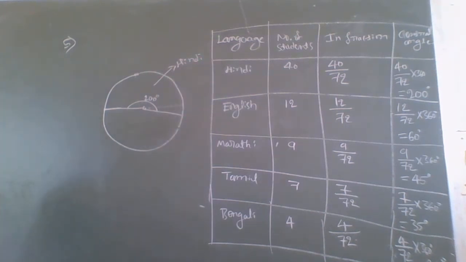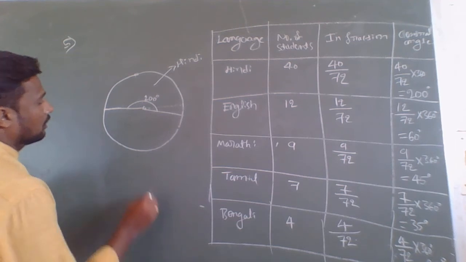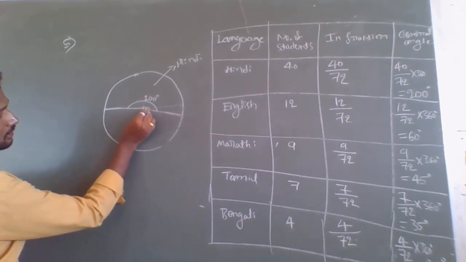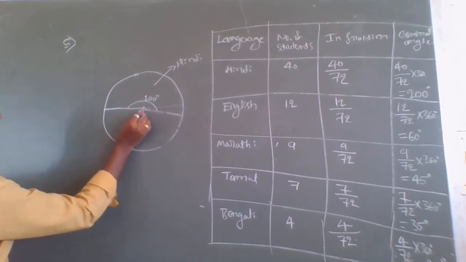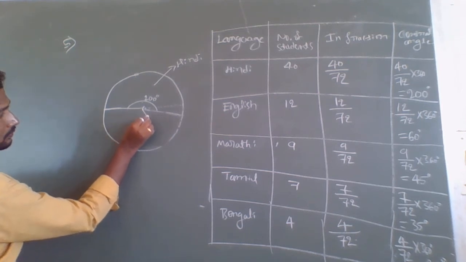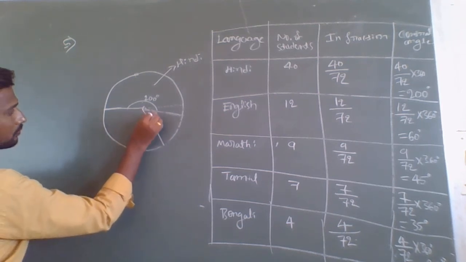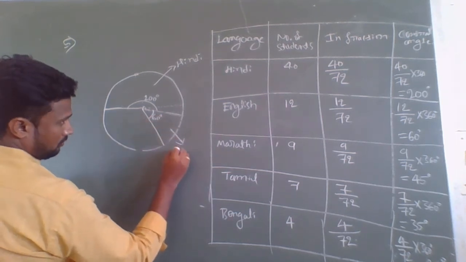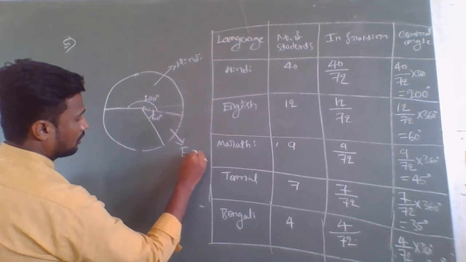Okay. Next, English, 60 degree. Place the protractor by considering this line as the baseline, and this is the point. Now draw the line for 60 degree. This is 60 degree for English.